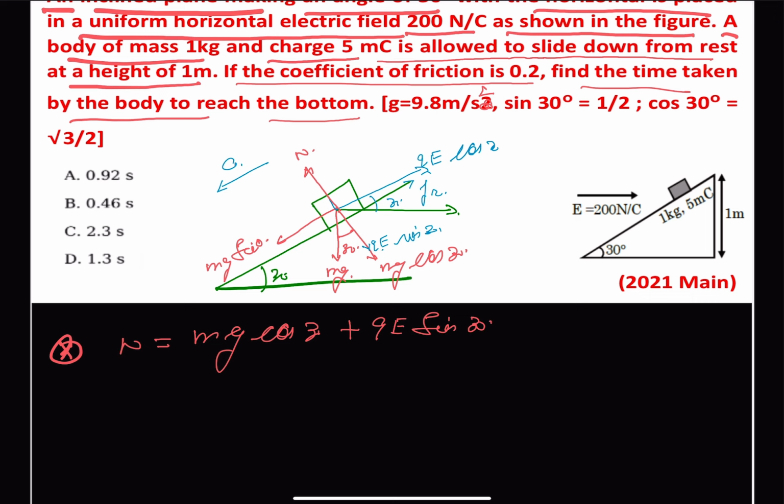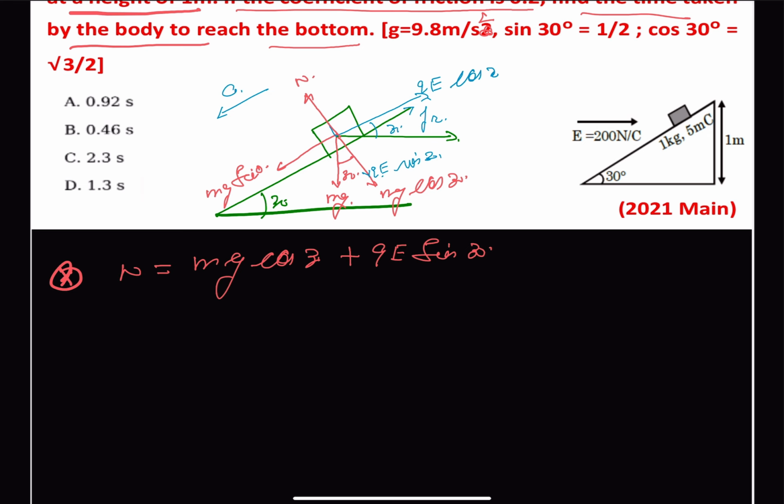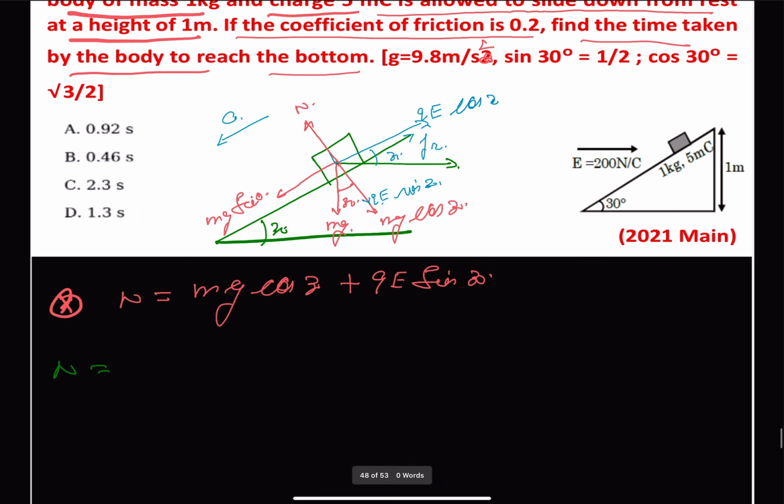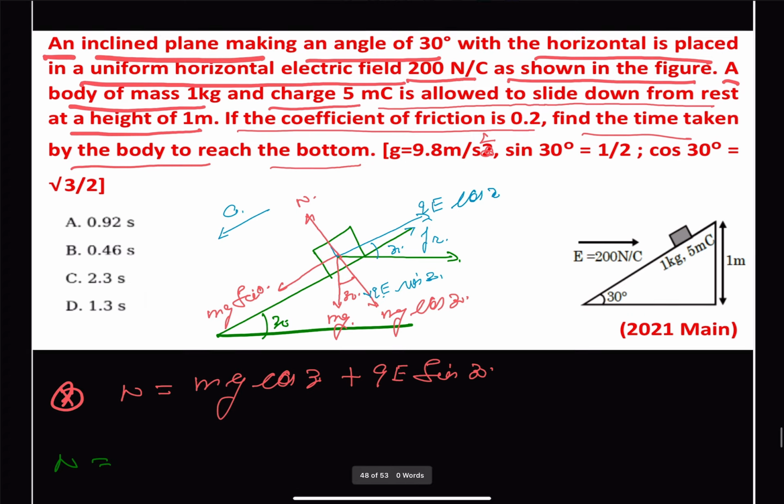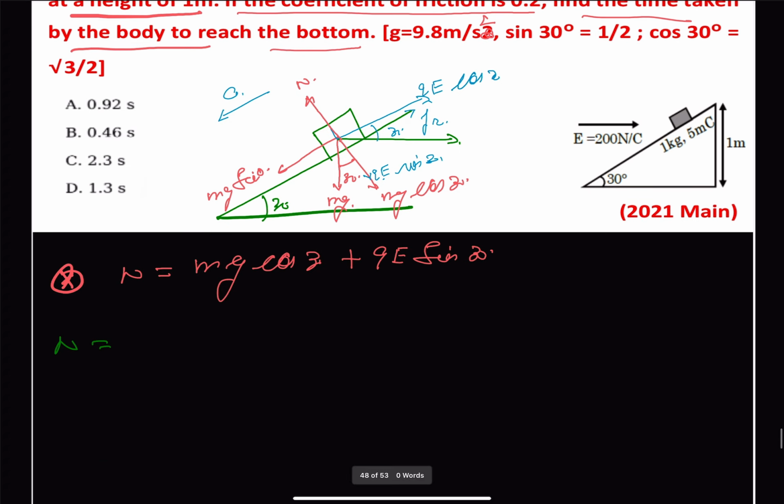If we substitute the values, we can find out normal. Mass is given to us as 1 kg, so this comes as 1 multiplied by 9.8, cos 30 is square root of 3 divided by 2, plus charge is 5 times 10 to the power minus 3, electric field is 200, and this is 1 by 2. So our normal will be approximately equal to 9 Newton.